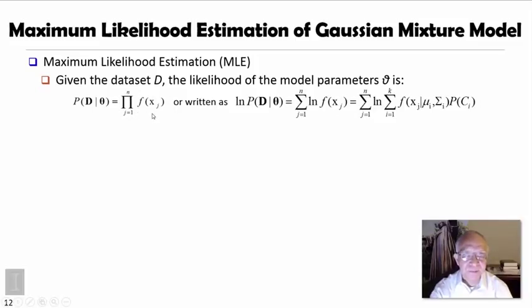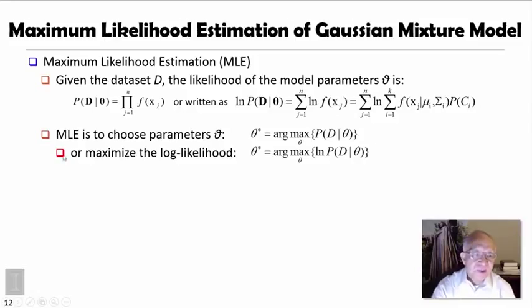If we write this in log form, taking the log turns the multiplication into a summation, so the computation is more efficient. And for f of x sub j, we can substitute the previous function here.